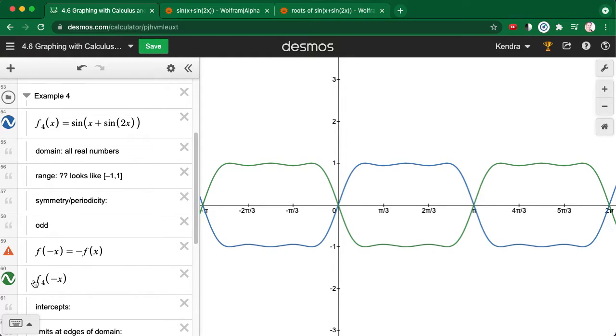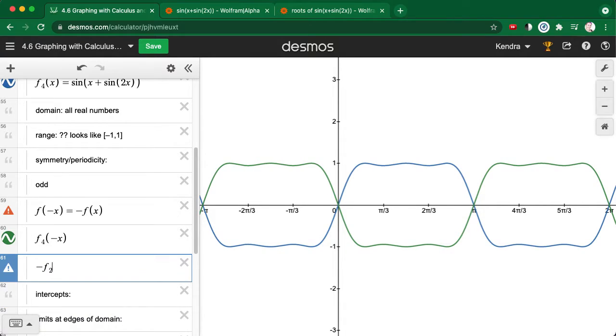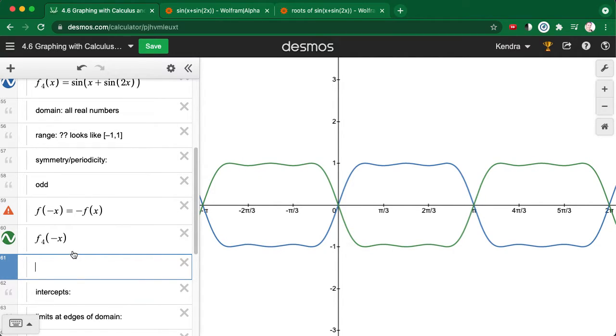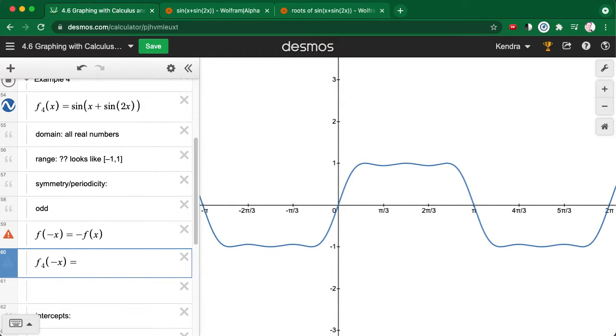What this is doing is reflecting it horizontally across the y-axis. And it looks very much like the same as reflecting it across the x-axis. This is reflecting the x values, which is going across the y-axis, and this is reflecting the y values, which goes across the x-axis. So it looks very much like it's the same, but let's actually plug this in and do this algebraically.